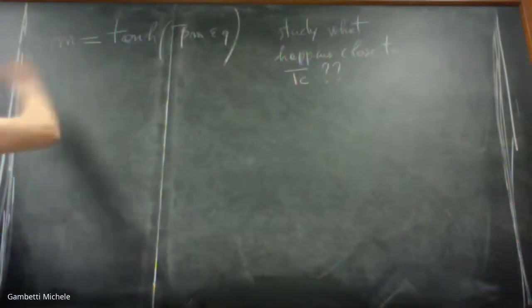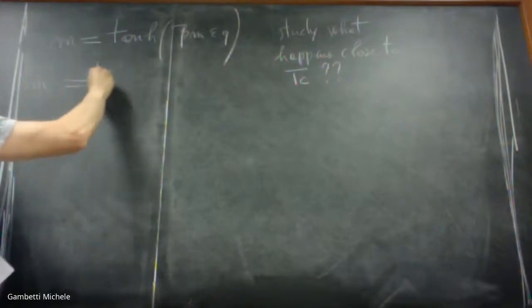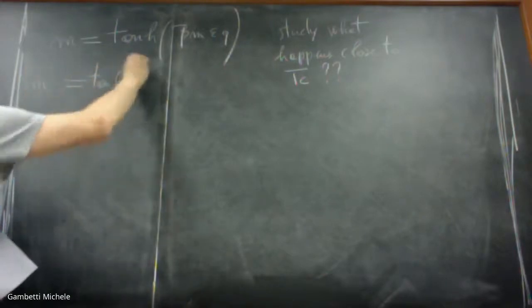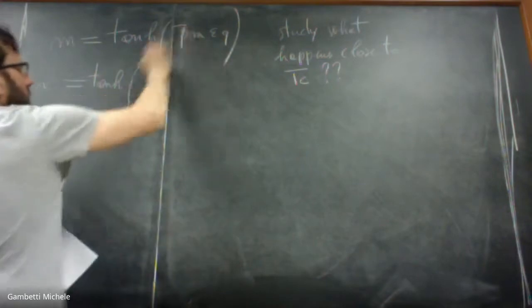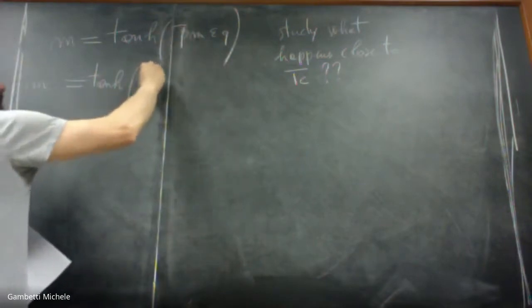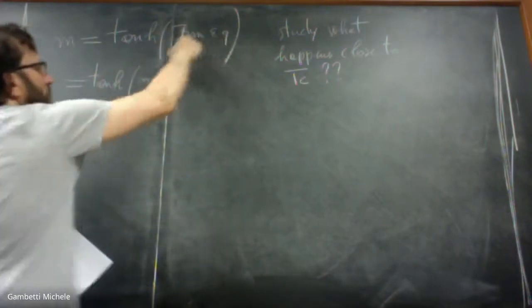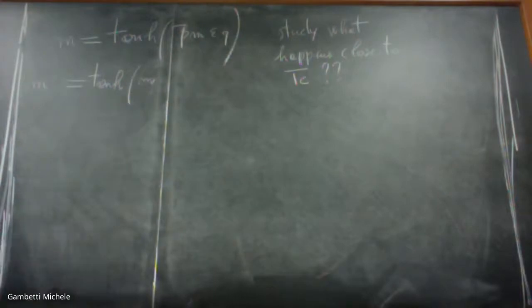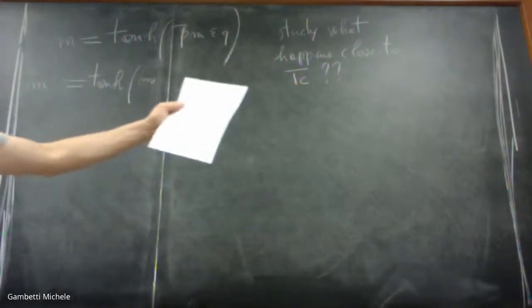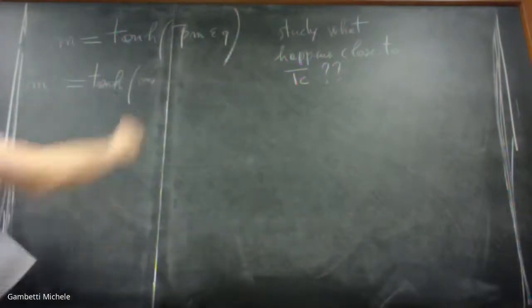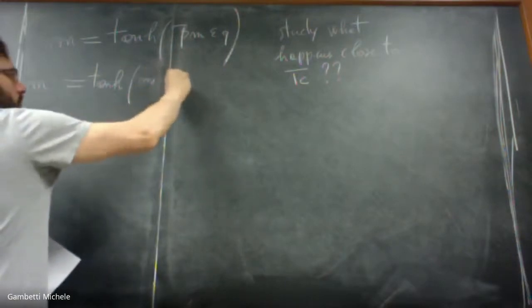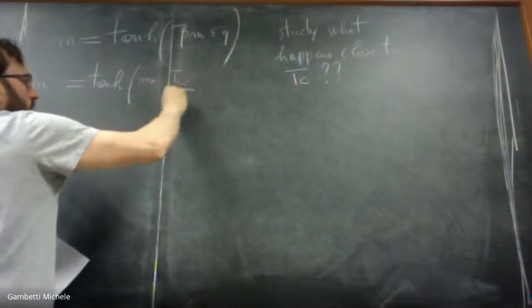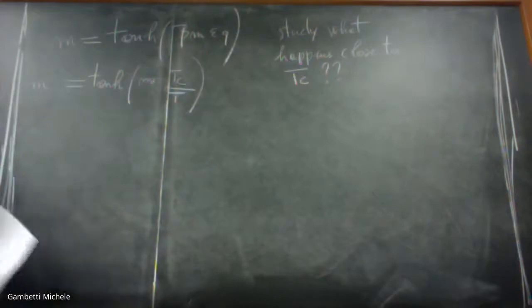So first of all, let's write M is equal to the hyperbolic tangent of n epsilon q divided by kB, which is just Tc from what was written before. So this is actually n times Tc divided by T, and it's beta.